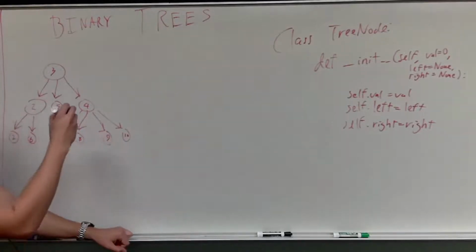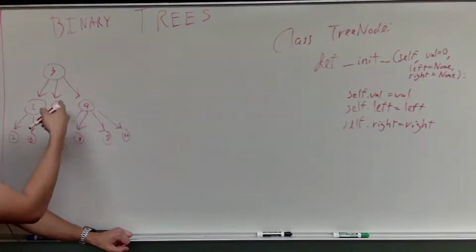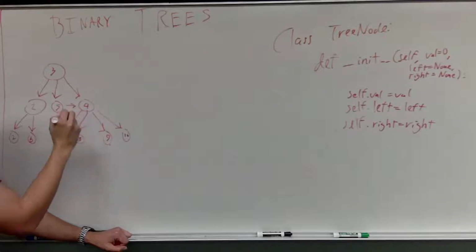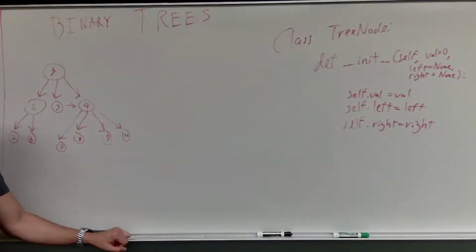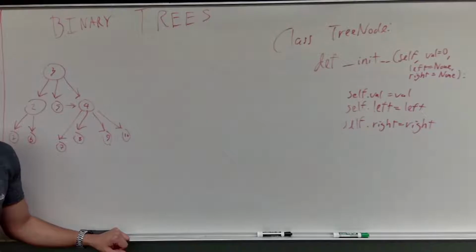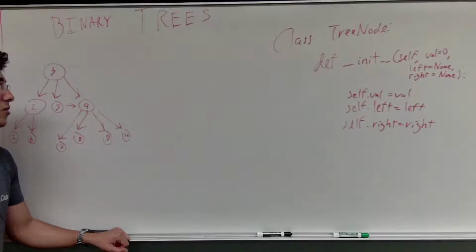Then again, if it's directed like this, isn't that still acyclic? Yeah, but I think trees are undirected. There's only one path to get to a node. There isn't a cycle. So it's acyclic, right?